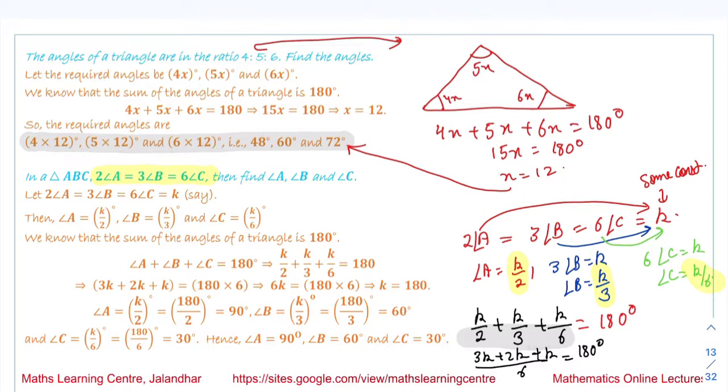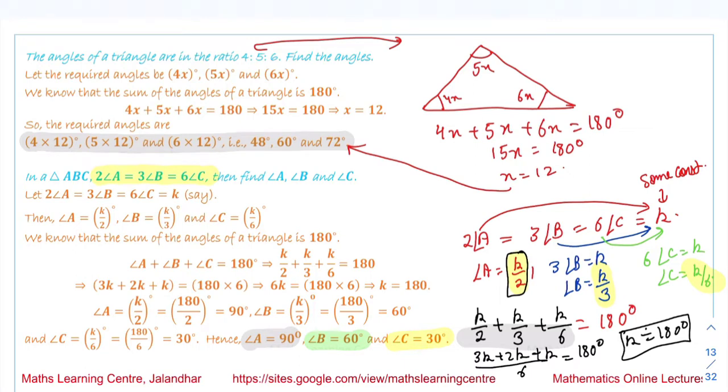So the value of K is 180 degrees. A is K by 2, so the value of A is 90 degrees, the value of B is 60 degrees and the value of C is 30 degrees.